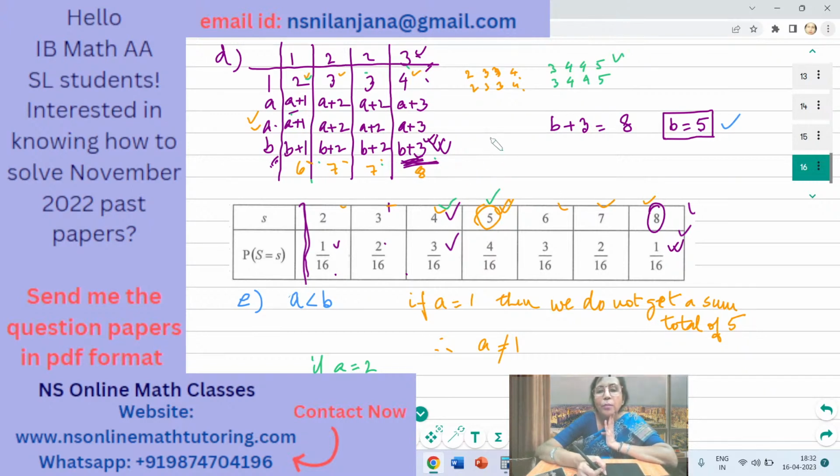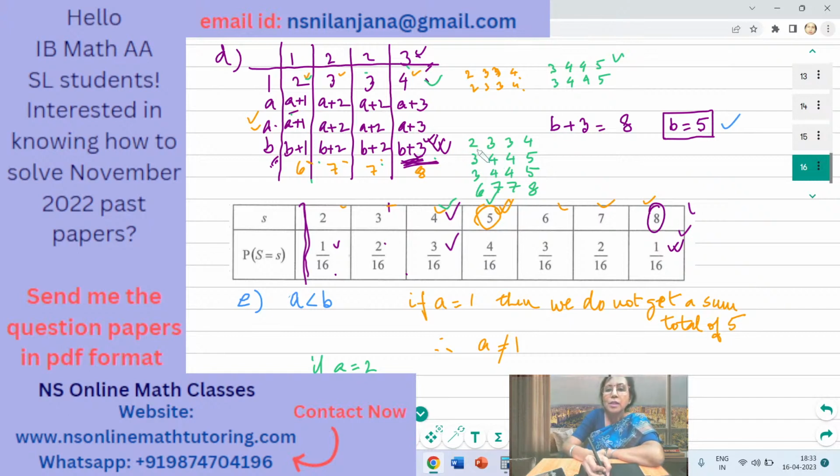Fine. So one of the possibilities is A equal to 2. Let us see whether we can take A as 2 or not. Let us find the probability. I'm just writing the numbers. That is the first one: 3, 4, 4, 5, 3, 4, 4, 5, and then 6, 7, 6, 7, 7, 8.